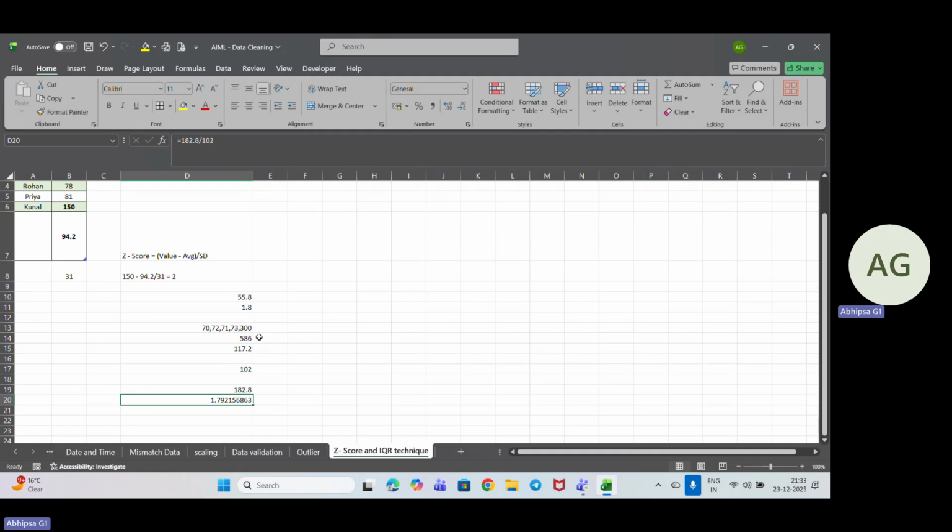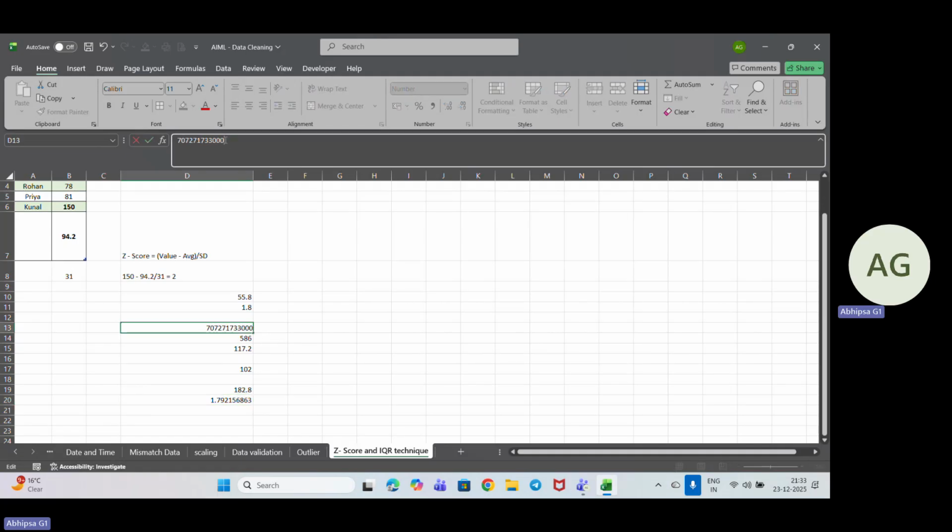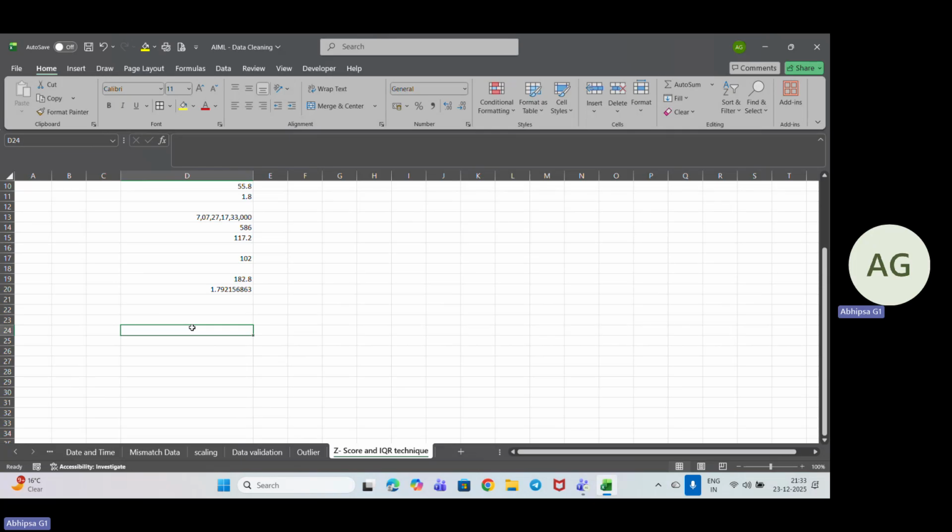But suppose in that case we are taking the value as 3000, like this. Okay, just a moment. So we have not taken it accurately. Just a minute. 71, 72, 73, 70, 74, 73, or we can take it around 3000 like that.